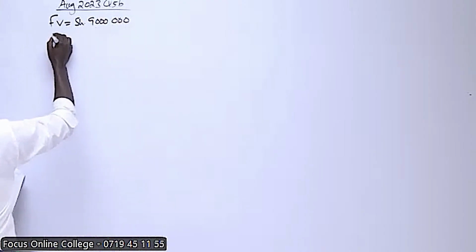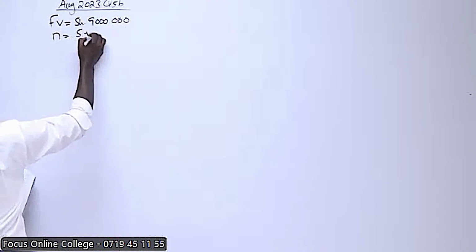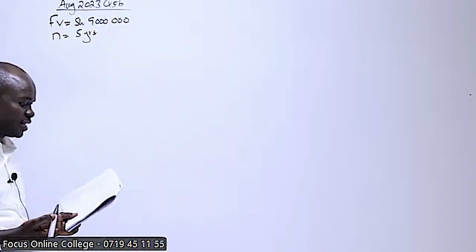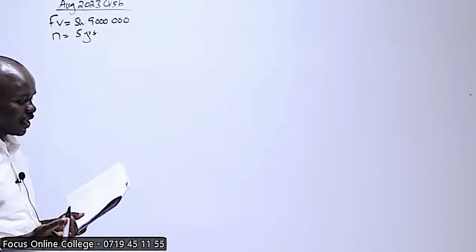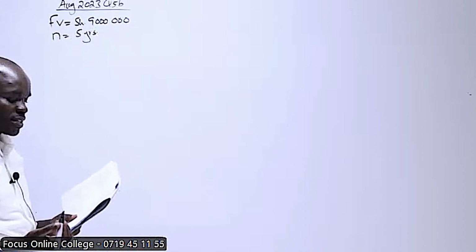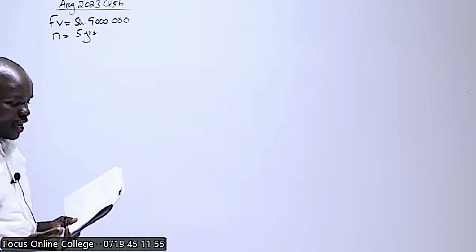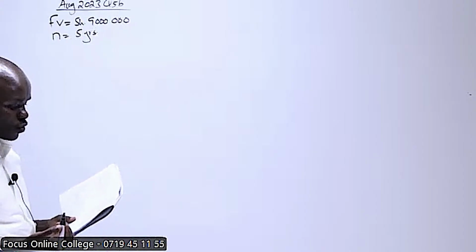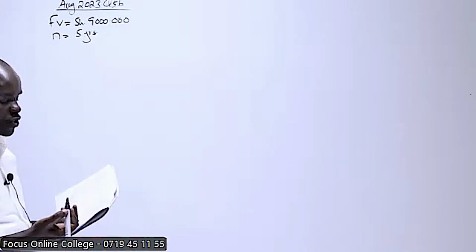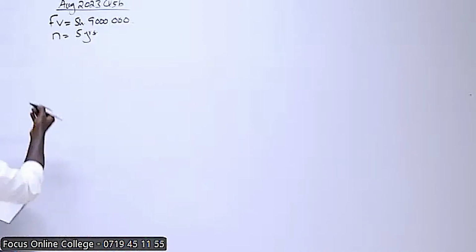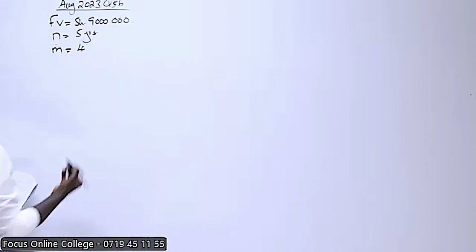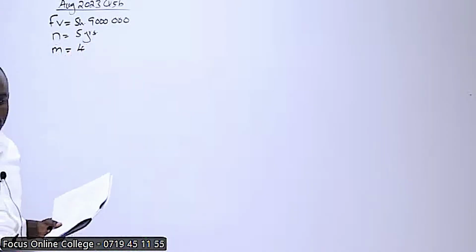So N is 5 years. Because they're saying he needs shillings 9 million in 5 years' time to purchase a house. He is determined to deposit a given amount of money each quarter. So he is depositing each quarter, so the number of times he is depositing money in a year is 4, because a year has 4 quarters.